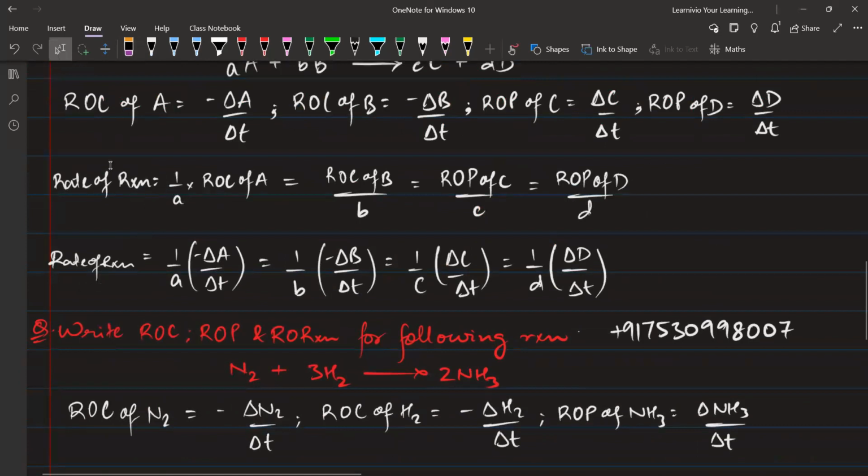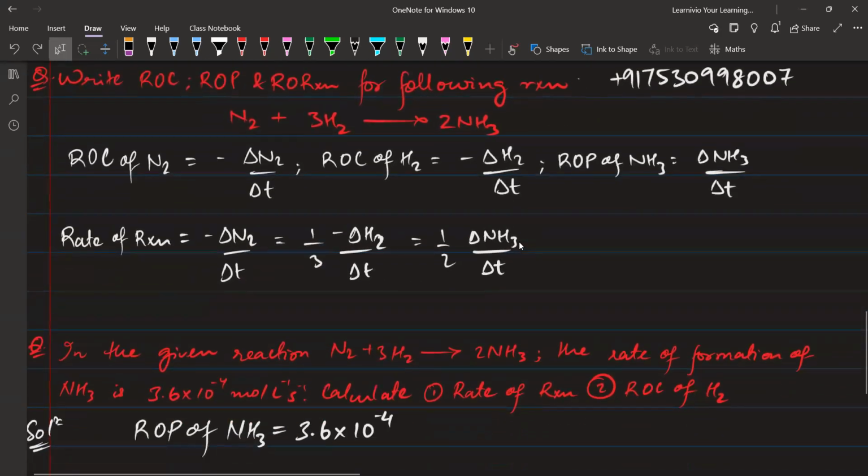One is the rate formula and the other is the delta formula. Rate of consumption of A. Even though both give you rate only, this is the rate formula, and in the second case, we have delta. So we have two formulas for the rate of reaction, rate formula and delta formula, right?